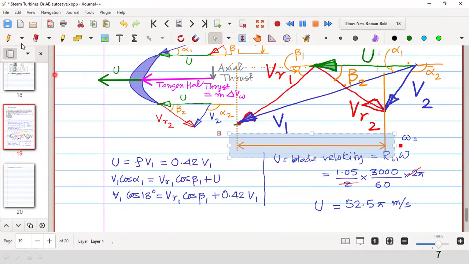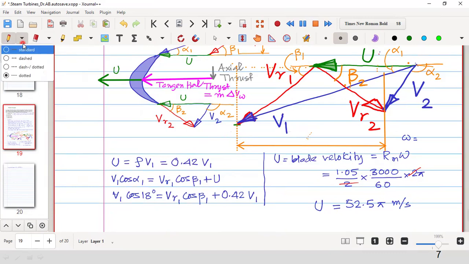This one, delta VW. Delta VW, that is nothing but this plus this. So this is VR2, and this is beta 2.